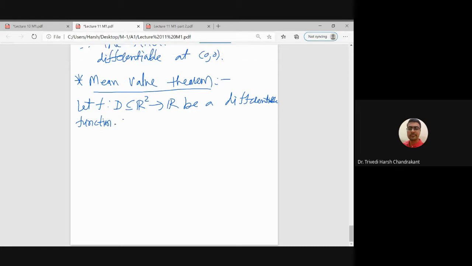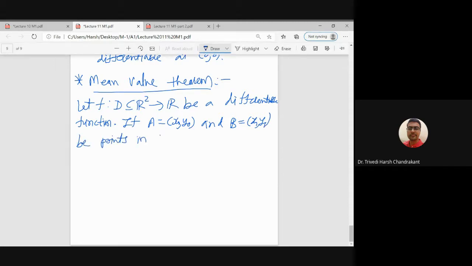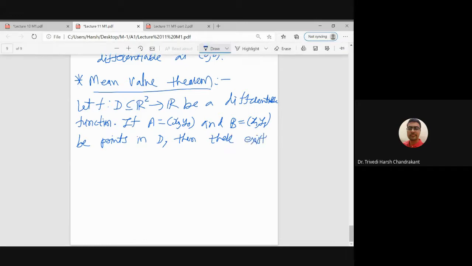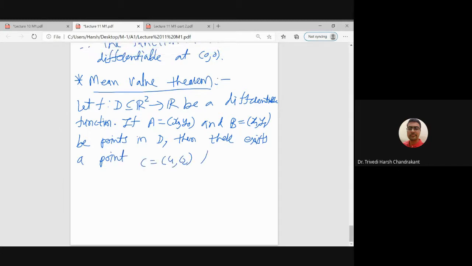And if we have 2 points in the xy plane, then there exists a point in the xy plane which lies on the line segment joining A and B.